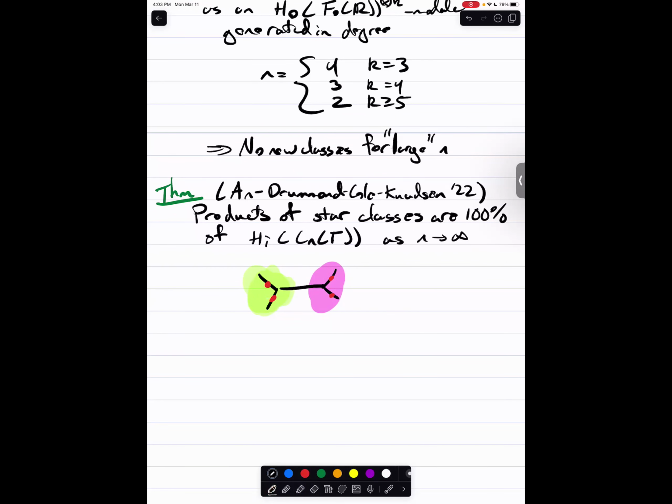This is going to yield us some class in the second homology of the unordered configuration space of this H graph over here. And this is just an asymptotic result, this 100%. There are other classes in homology, but the only classes that really drive the growth of homology are the products of these star classes.